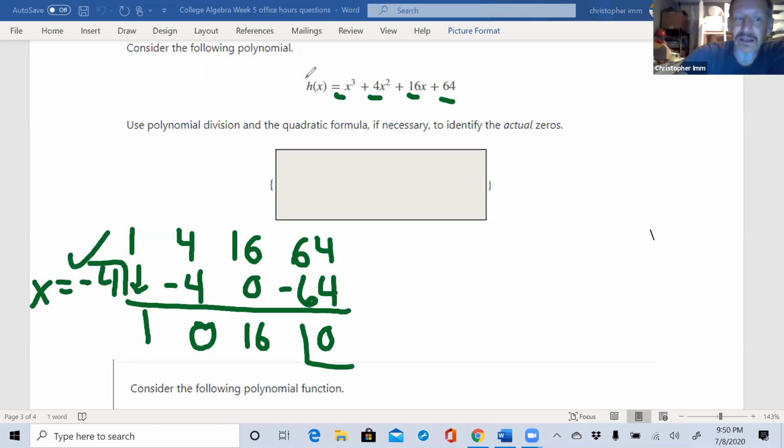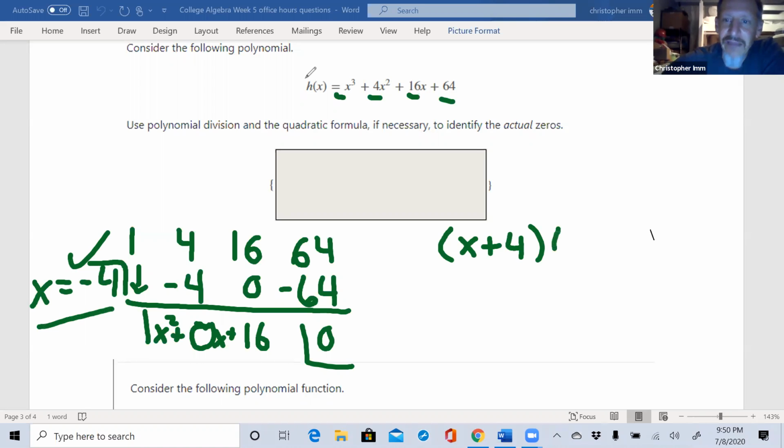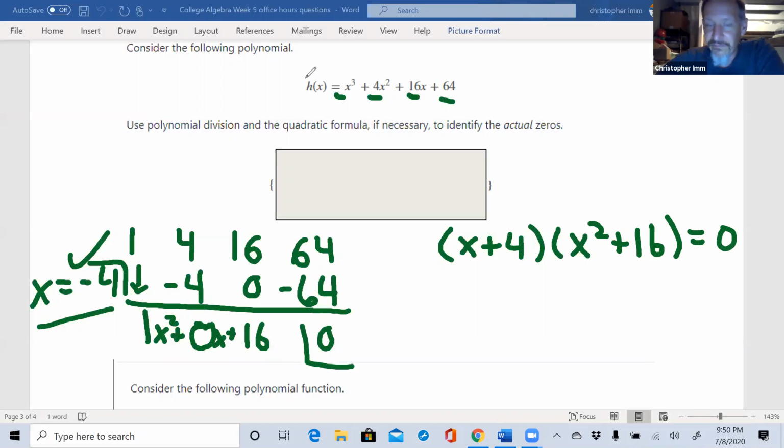That's a 0. But what I also know is that 1x squared plus 0x plus 16 is another factor of the polynomial. So I've factored this into x plus 4, because that's the factor that would give me x equal to -4, and then I have x squared plus 16 equal to 0. So I went through synthetic division, and when I get down to a quadratic, I can use the quadratic formula.